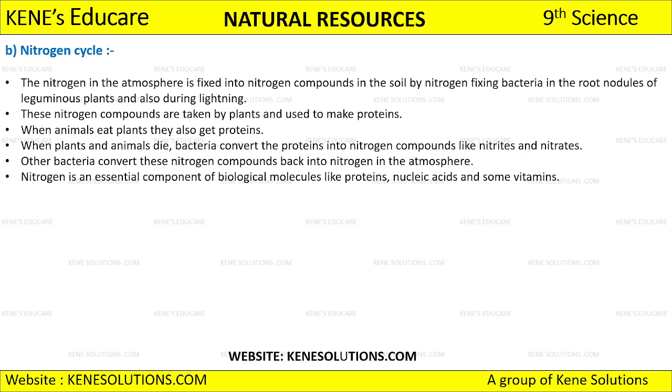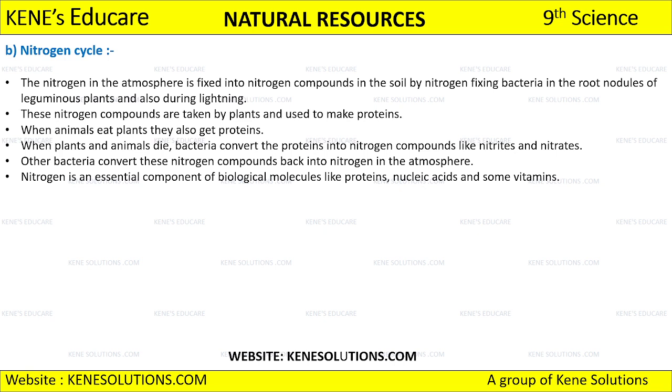Okay, because we know that in the atmosphere, we have 70% of nitrogen. But the thing is, plants cannot use this atmospheric nitrogen directly. So for using it, they have to convert this atmospheric nitrogen into some useful form, that is, you can say, ammonia.